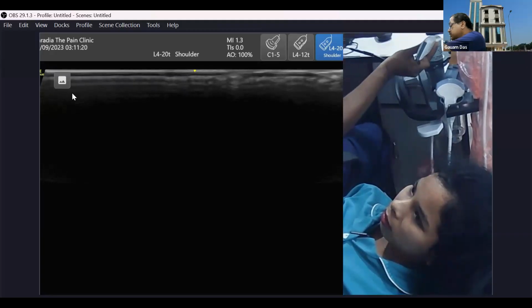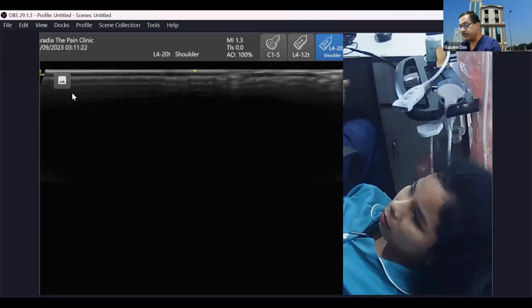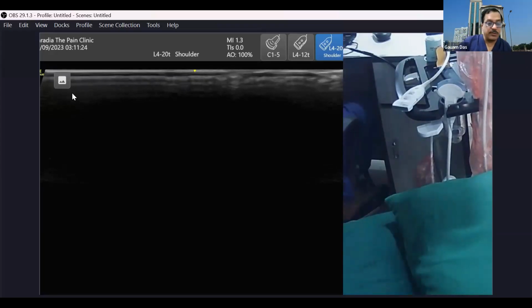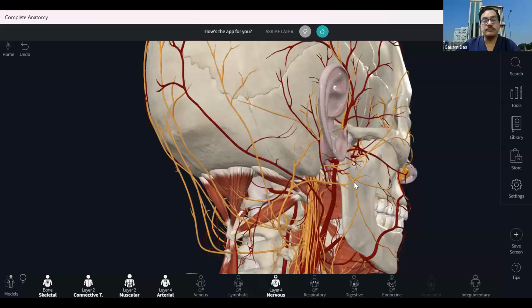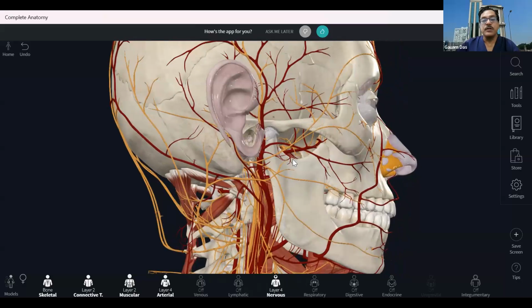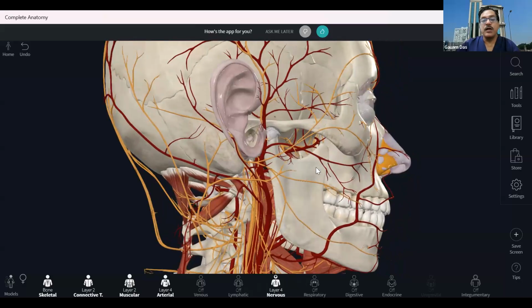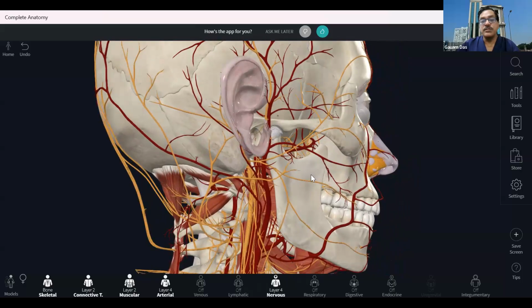So just to show the difference, I'm showing on the 3D anatomy. This is the condyle and coronoid, and this is your sphenopalatine region, this the lateral pterygoid plate.